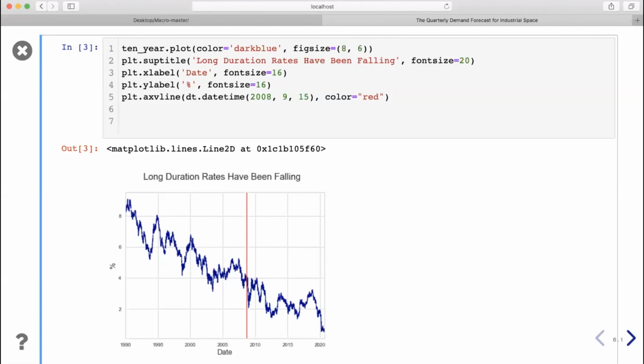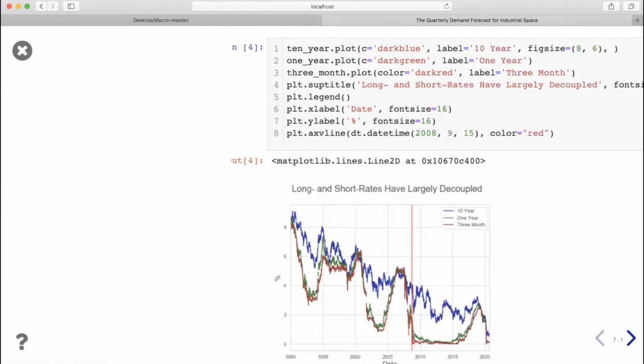This is the most liquid market in the world. And this long-term decline in long duration rates represents a decline in the opportunity cost of capital in commercial real estate, and arguably a risk-free rate or a risk-free measure of returns in commercial real estate.